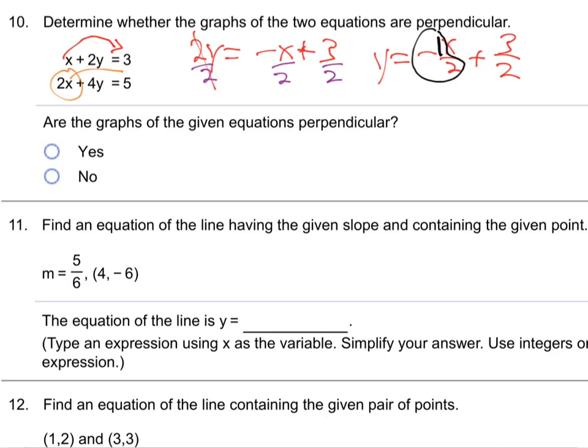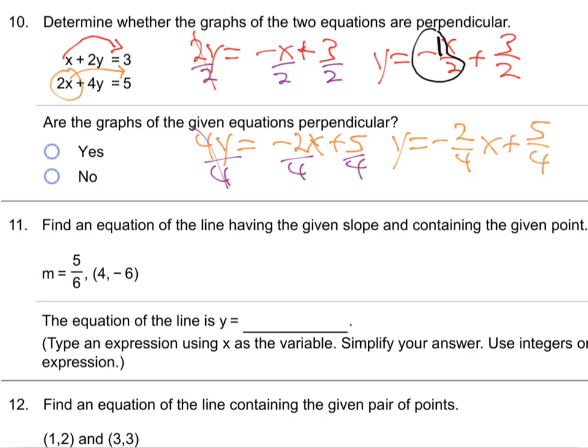So for this one, jump the 2x over, and we get 4y is minus 2x plus 5, and then divide through by 4. y equals minus 2/4 x plus 5/4.